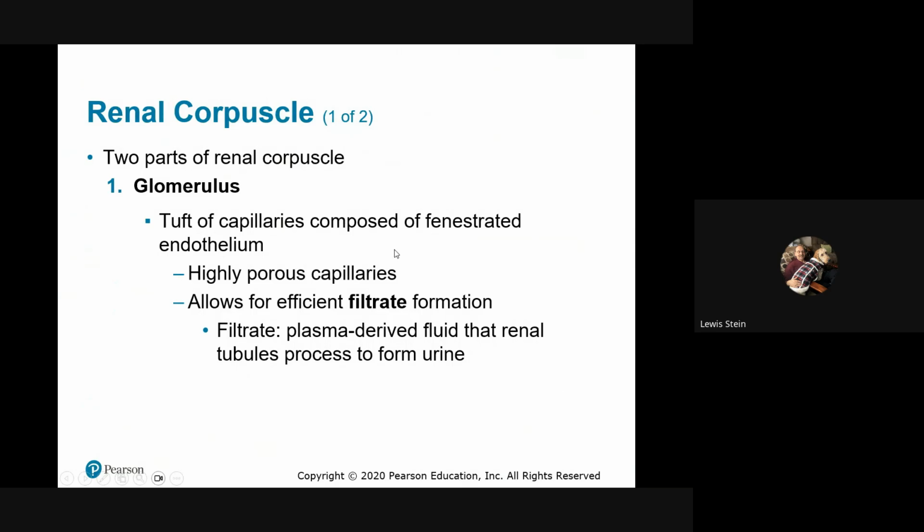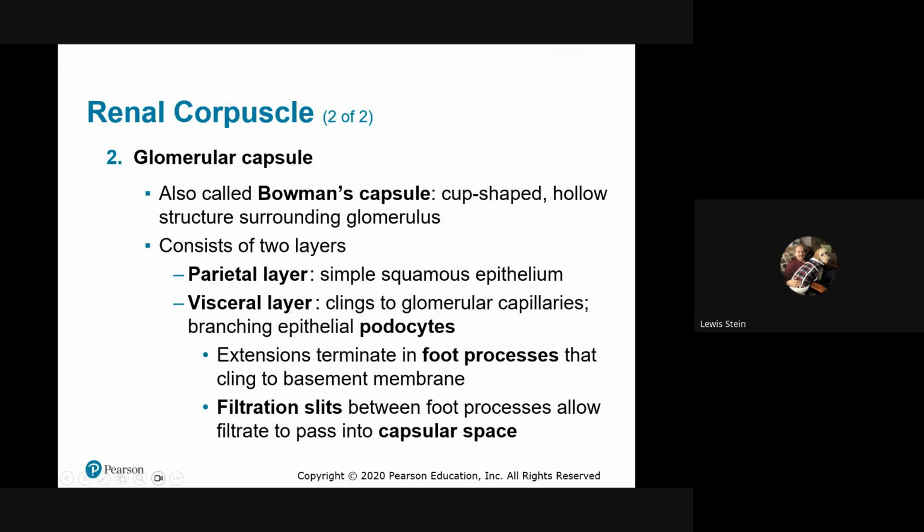So the capillaries, a fenestrated epithelium, very porous, it's holes, filtrate, plasma-derived fluid, again, all of the plasma, all of the stuff dissolved in the plasma, no proteins, because they're too big to get through the holes, no formed elements, red cells, white cells, platelets, because they're too big to get through the holes. Okay?